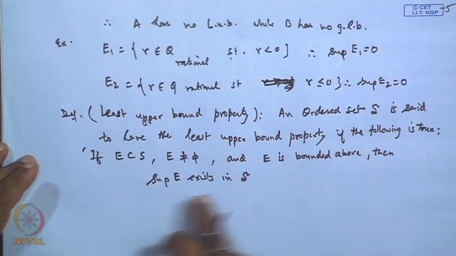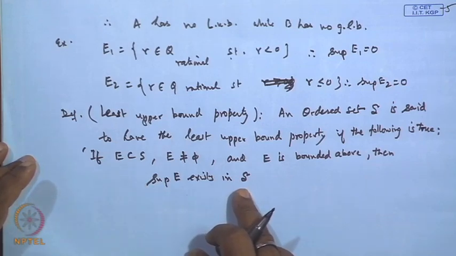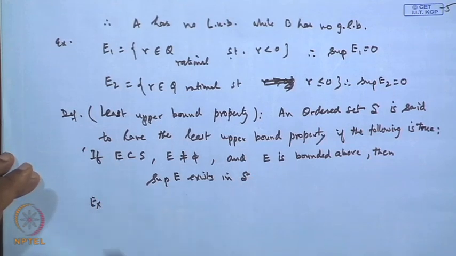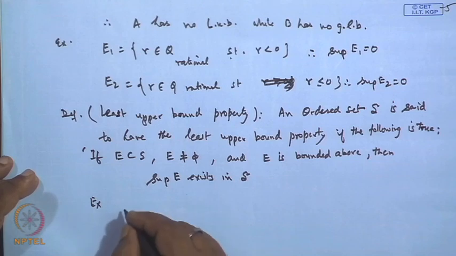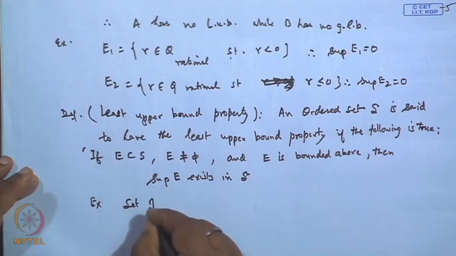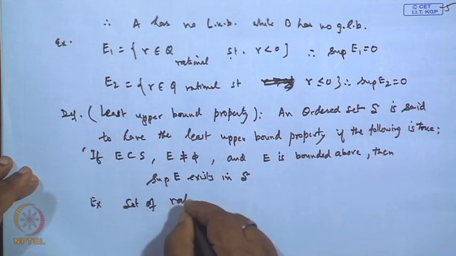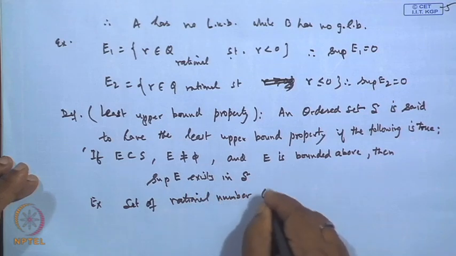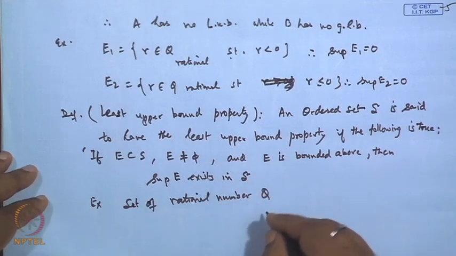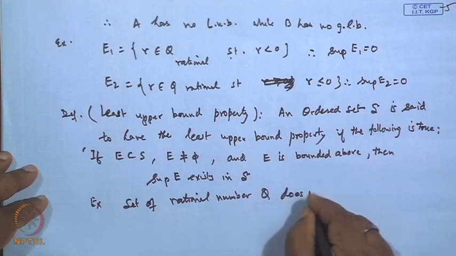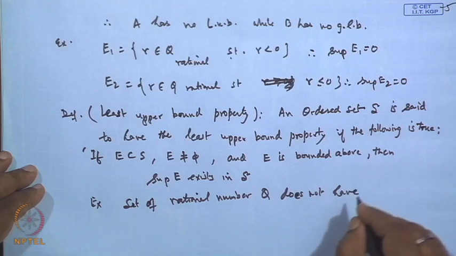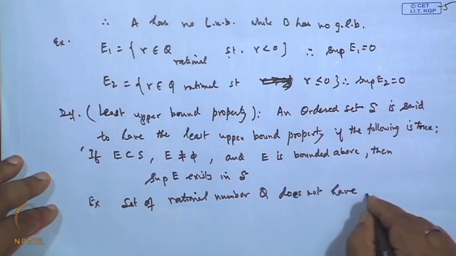If for any set this supremum does not exist, then the set will not have the least upper bound property. For example, the set of rational numbers, denoted by Q, does not have the least upper bound property.